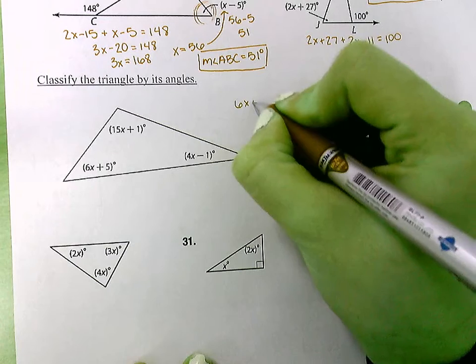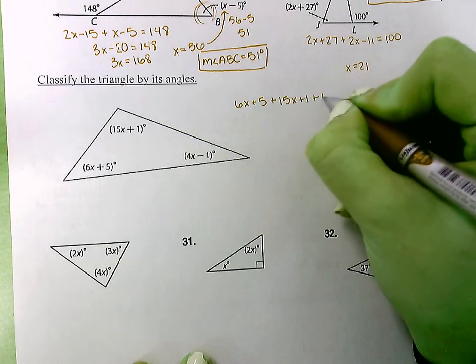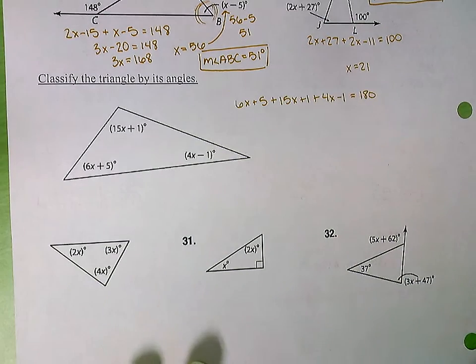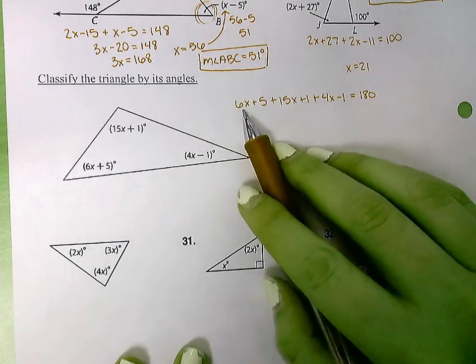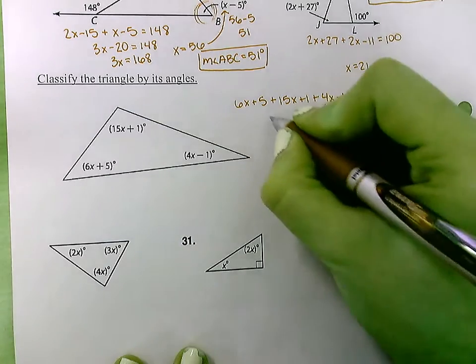So I have 6x plus 5 plus 15x plus 1 plus 4x minus 1 is equal to 180. Okay, so I have 6x, 15x, and 4x. That is 25x.